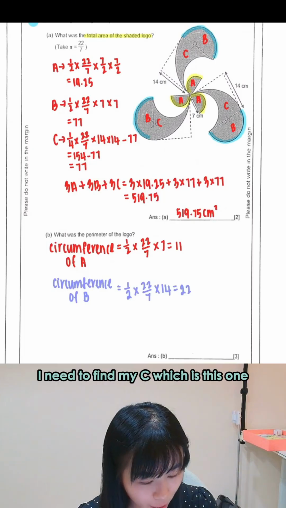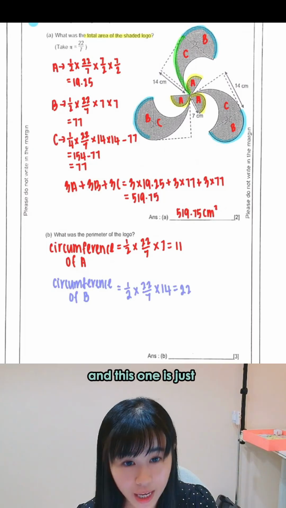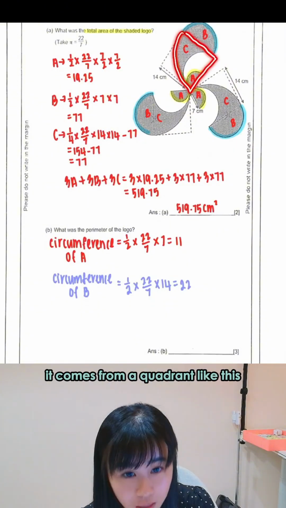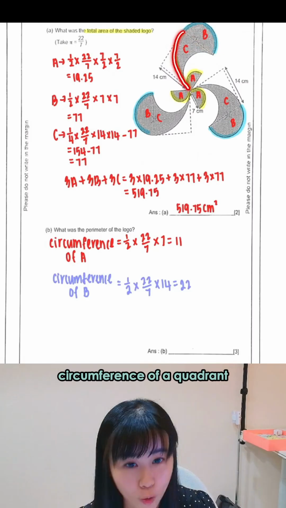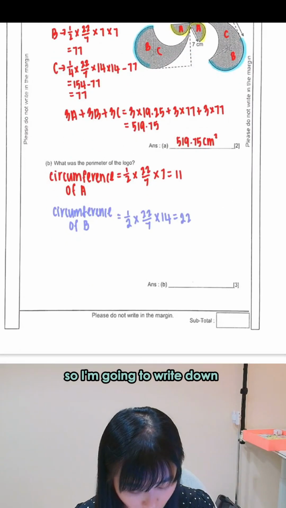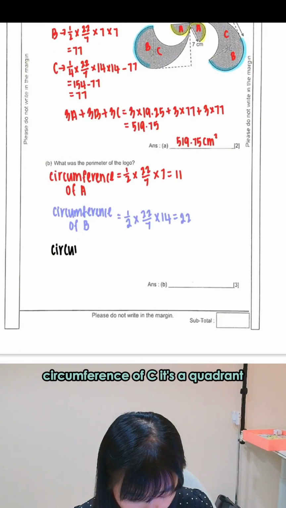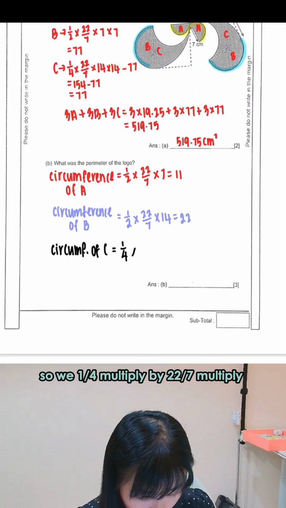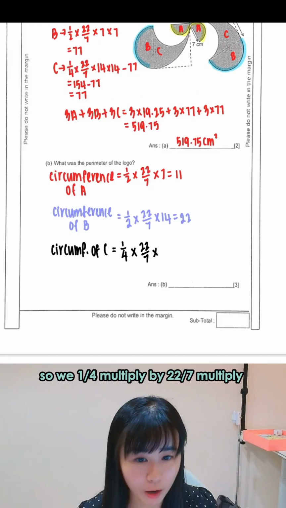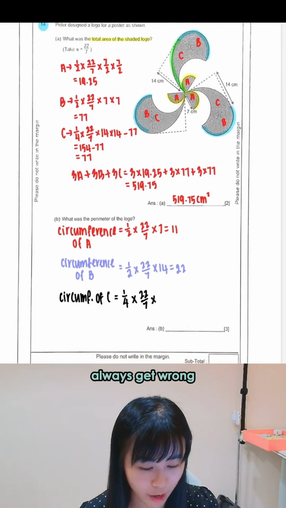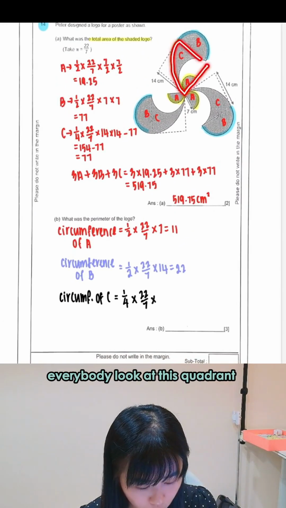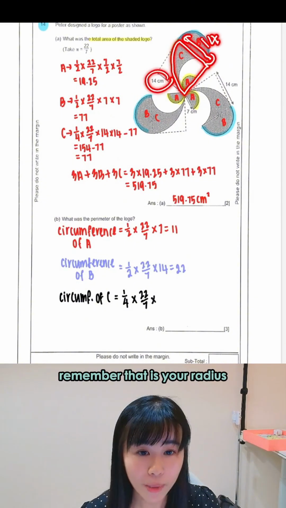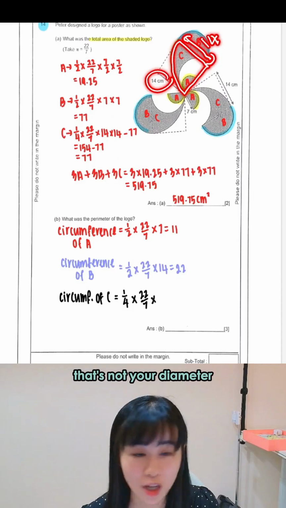And then next, I need to find my C, which is this one. And this one is basically a quadrant. Remember, I told you it comes from a quadrant like this. So you just need to find circumference of a quadrant, which is your C. So circumference of C is a quadrant, so 1/4, multiply by 22 over 7, multiply, okay, this is the part that many students always get wrong. Everybody, look at this quadrant. If your radius is 14, remember, that is your radius, not your diameter.